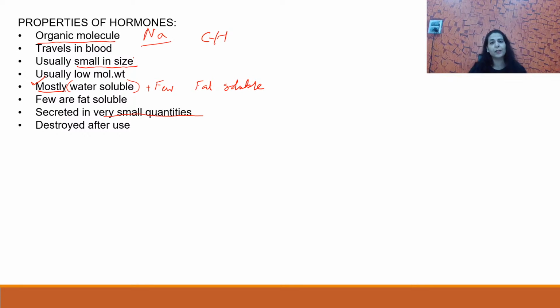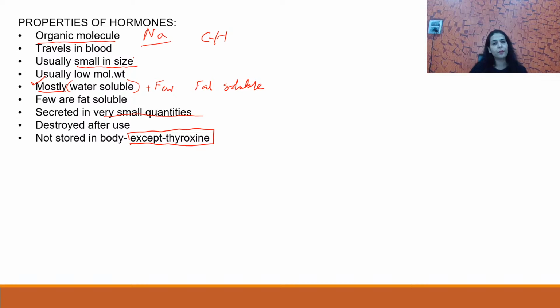Then they are destroyed after the use. Once that physiological change has been brought about, then they are destroyed. They are not stored in our body, and there is only one exception to it, except thyroxine. We will learn about this.